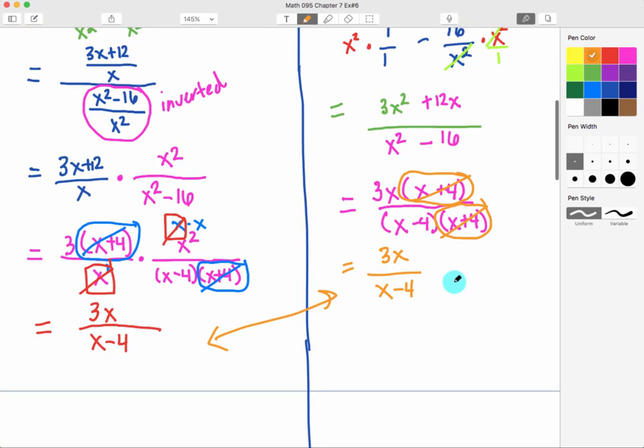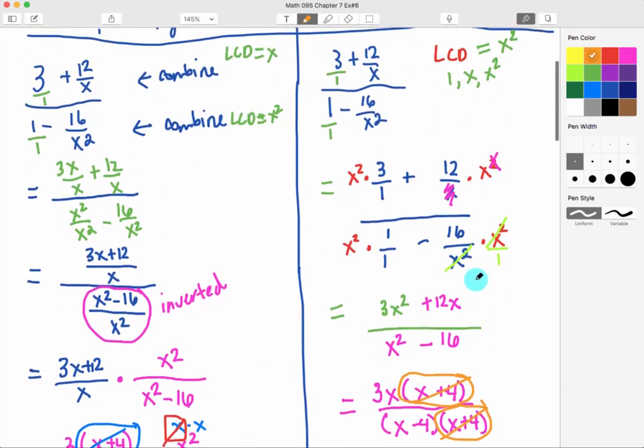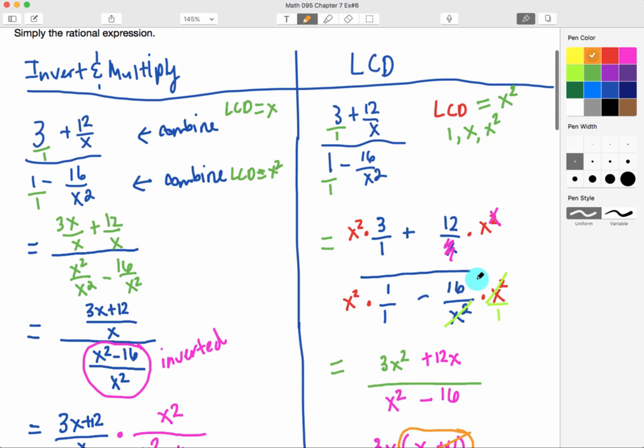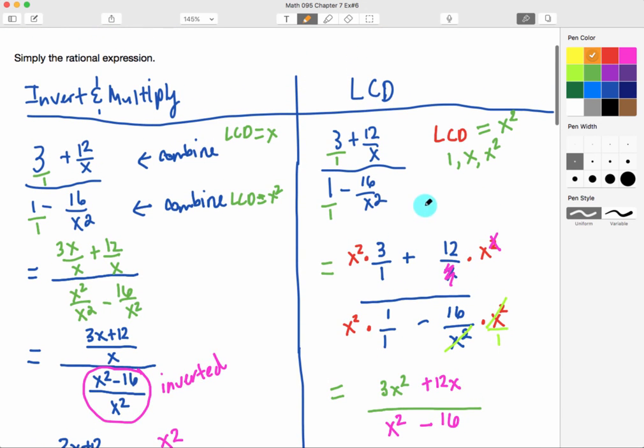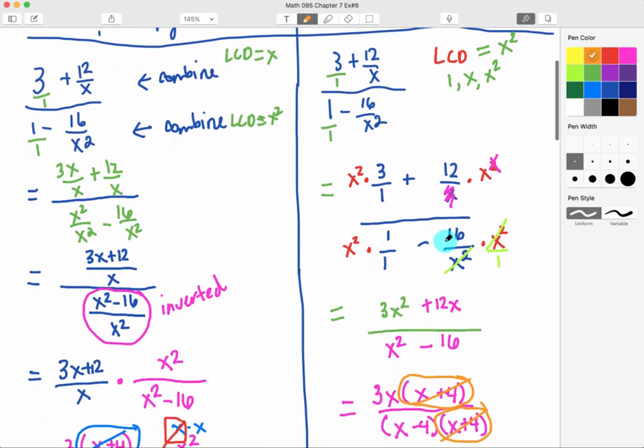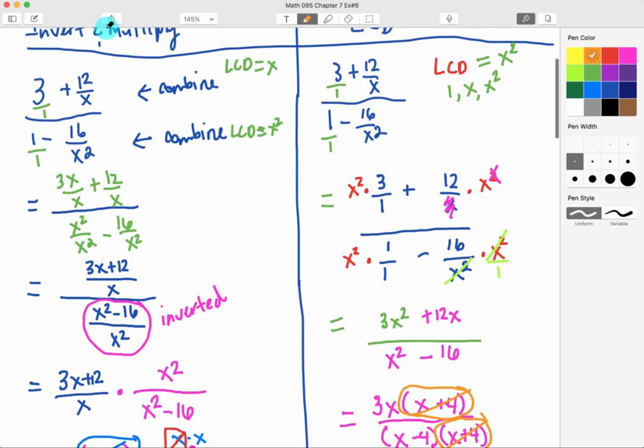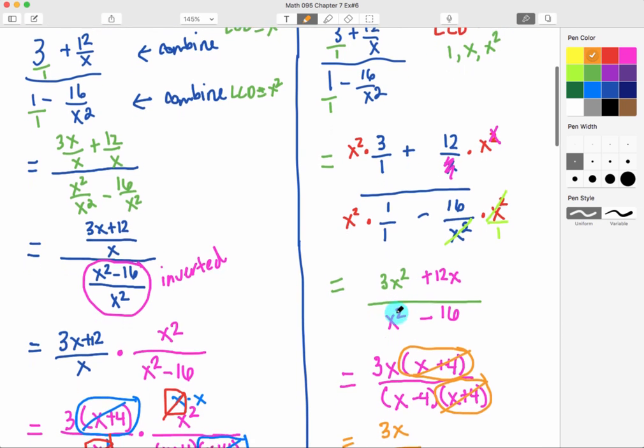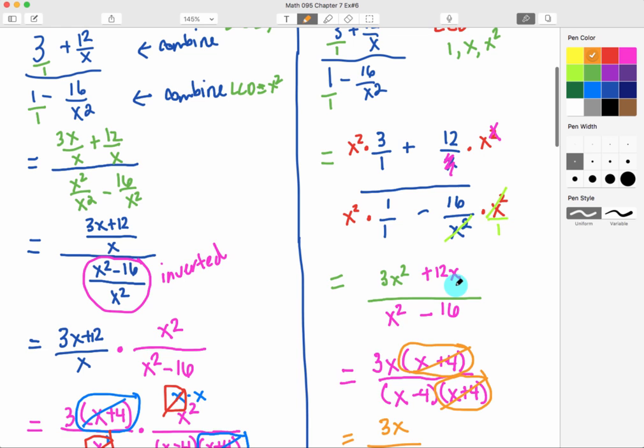Maybe there's like one less step over here with the LCD method. But what was nice about the LCD method is we were able to get to one fraction bar relatively quickly. I didn't need to think about two different LCDs. I was able to just find the LCD of everything all at once, multiply by that LCD, and very quickly I got rid of the fraction bars.